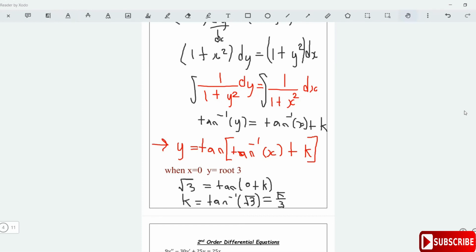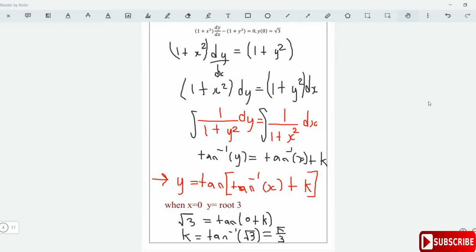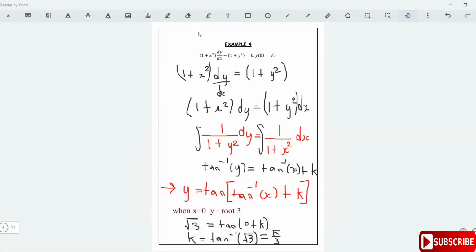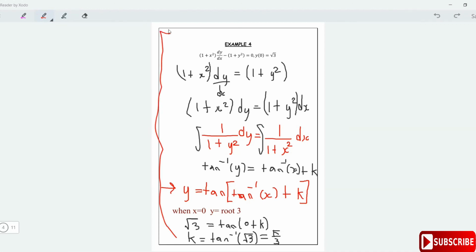Now we need a little bit more space to write the solution. So where can we fit it? Let's try and fit the solution just above here. We're going to write the solution up here.